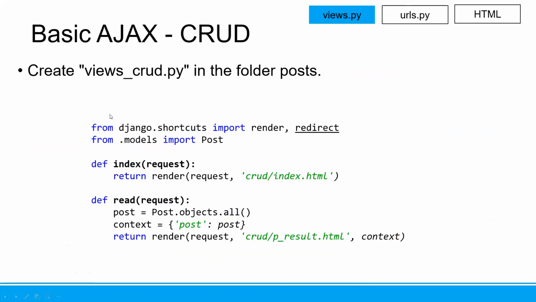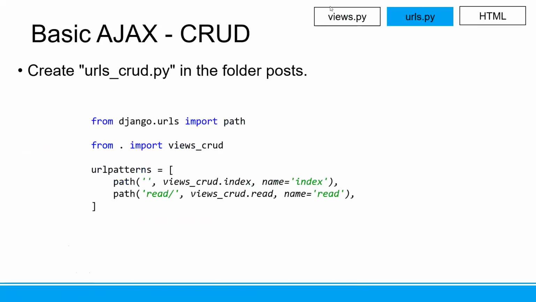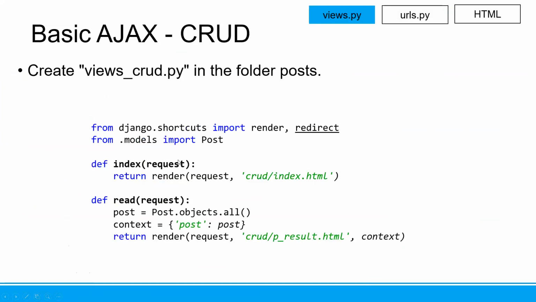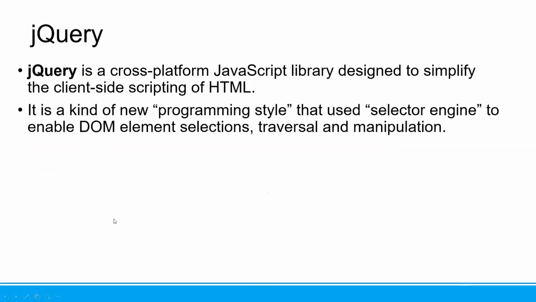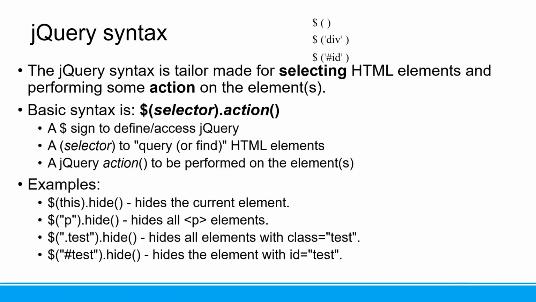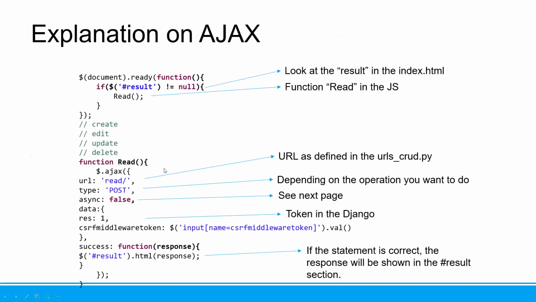And then we have the link read. This is the link. The link read will run the function read. So whenever you open this link, it will run the function read, and the function read is to get all the data and then show it in the p underbar result. So that's the connection between the back end and the front end via JavaScript.